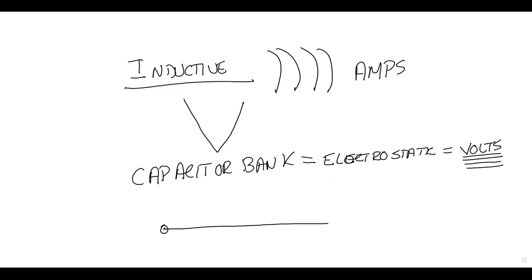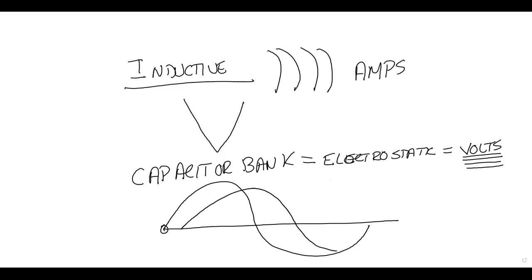So back again. Volts, amps, out of phase. Capacitor banks attempt to bring the system what? In phase with the amperage. Volts. Volts, right. Electrostatic volts.